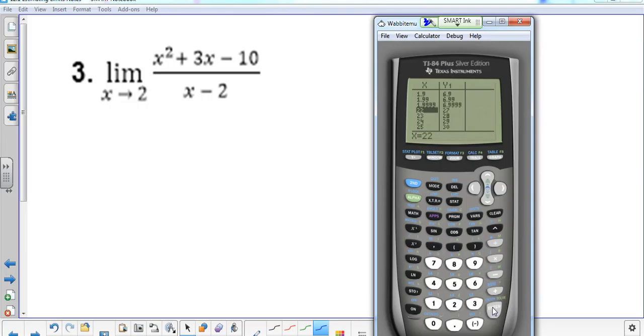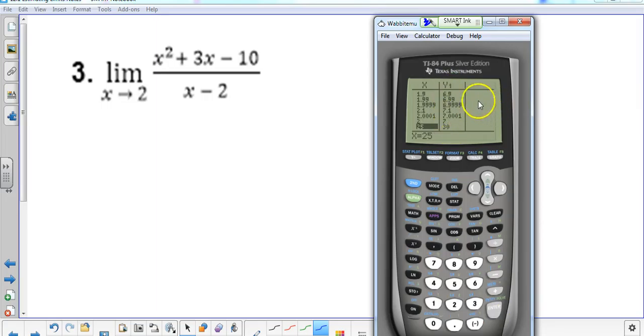And then from the other side, I need it to approach the same value. What is close to 2 on the other side? 2.1, 2.0001, 2.000001. Okay. Is it approaching the same value from both sides, guys?